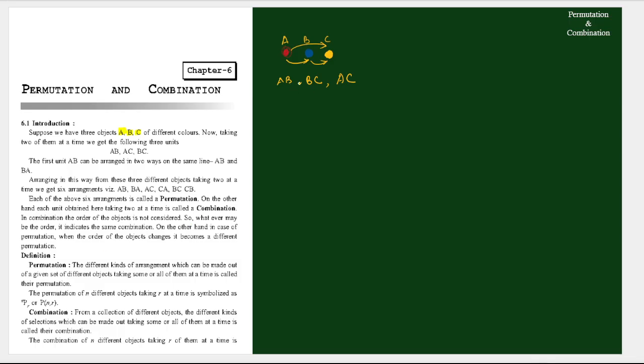But see here, this A and B, we can also arrange them again. Yes, we can also write BA, CB. We can take C first, then B second.